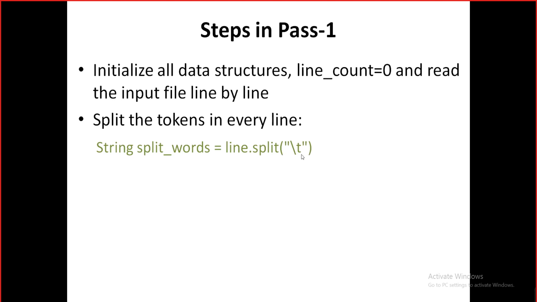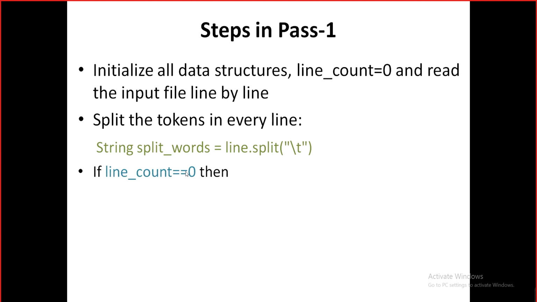Based on tab. So I've specified a slash t. Now, whatever we discussed, after this line is tokenized, all the four tokens or whatever number of tokens we have, those tokens will be stored in an array split words. So I forgot to put the array symbol, the square brackets, but this is a string array split words which is going to store all the two, three, four, whatever tokens will be generated. Clear?